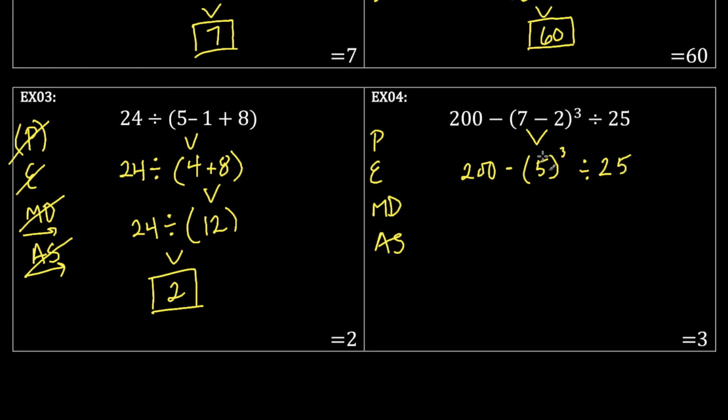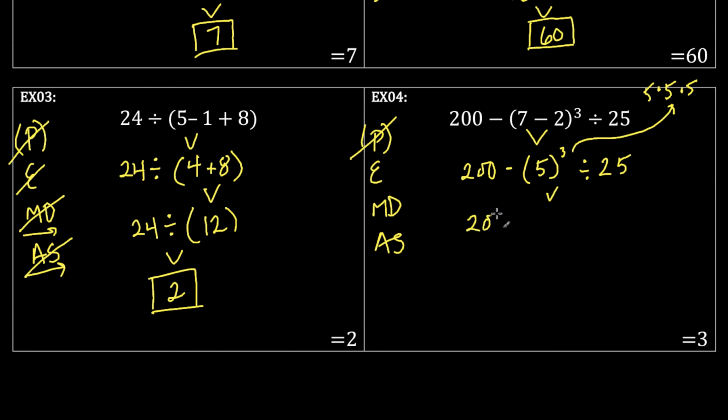Everything inside of parentheses is done because now I just have 5. Now I'm looking for these little numbers, these exponents. I see one right here. Remember that this is not 5 plus 5 plus 5. This is 5 times 5 times 5. 5 times 5 is 25 times 5 is 125.